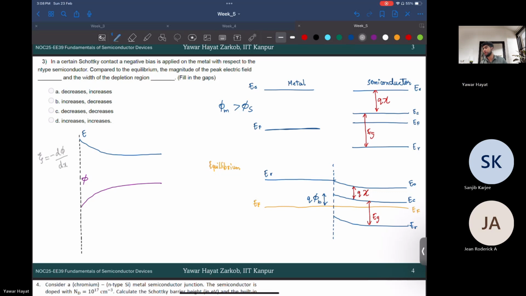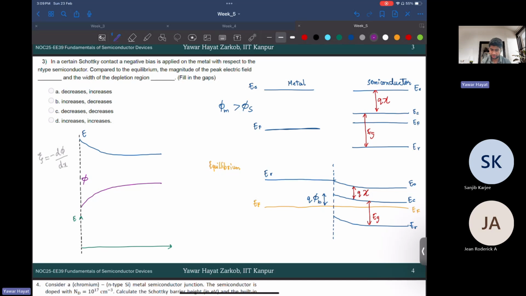If we take the derivative of this and multiply it by the negative sign, now we are interested in the electric field profile.